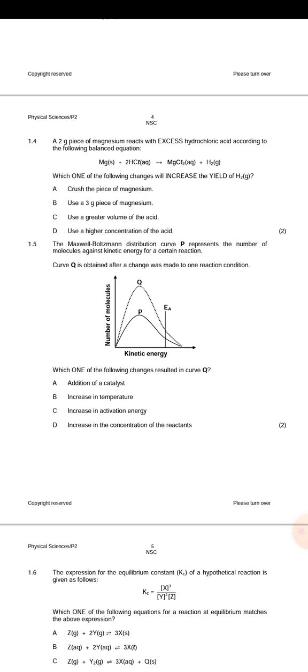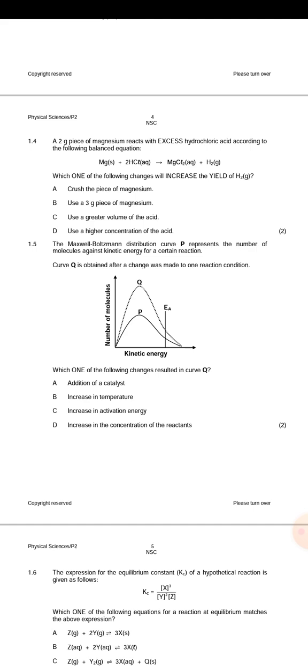So in Q, there are more particles than in P, right? So we see that the number of particles are the ones that changed. So definitely that has to be what? Increase in the concentration of the reactants. Had it been addition of a catalyst, then we were supposed to see a shift in the EA, the activation energy. So that's definitely not the case.